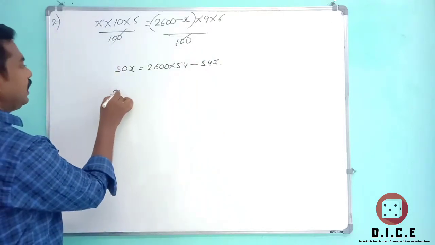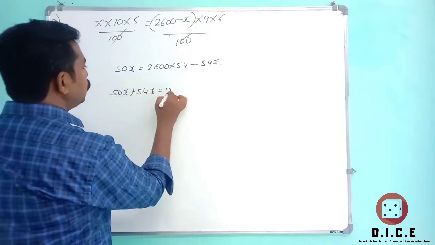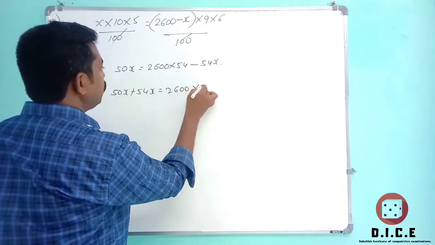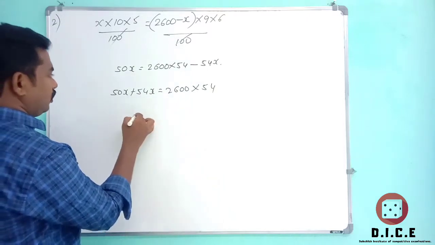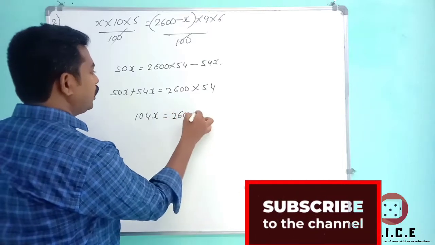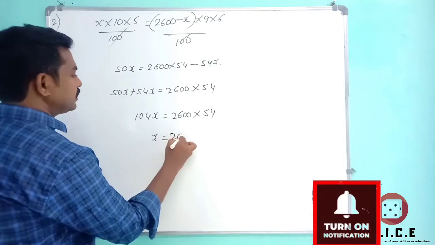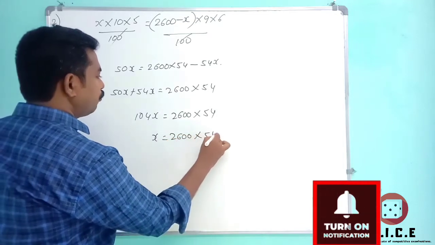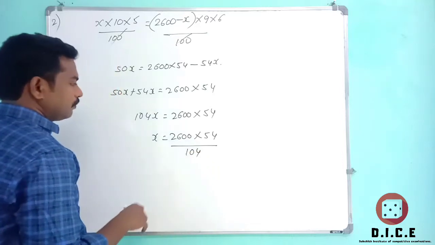Therefore, 50x plus 54x is equal to 2600 into 54. 50 plus 54 is nothing but 104. Therefore, x is equal to 2600 into 54 by 104.